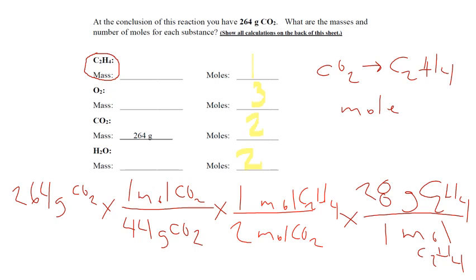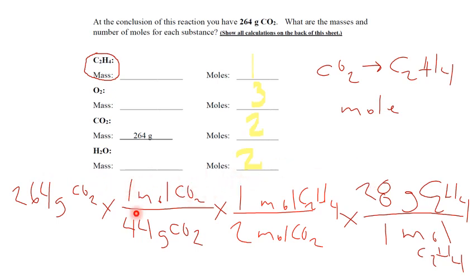All I need to do now is remember how to use my calculator. So what I'm going to do on my calculator is multiply all the numerators. So I'm going to type 264, and I'm going to multiply 264. Do I need to multiply by 1? No. That's kind of silly.